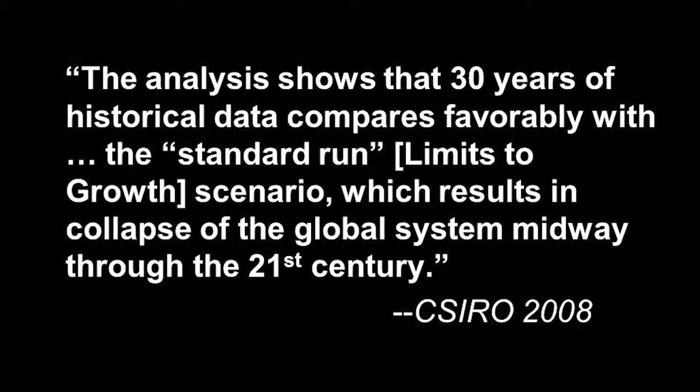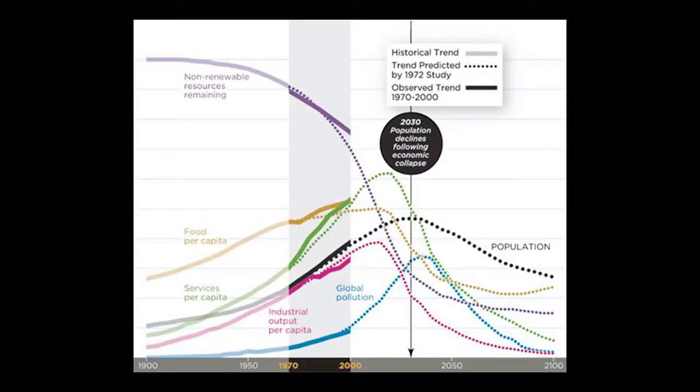And they went back in 2008 and did a retrospective study of Limits to Growth to see how it was holding up. And their conclusion was that it's actually holding up pretty well. We're basically right on track for that industrial peak and decline sometime in the next few decades. And in fact, I would suggest that we're seeing the beginnings of that right now.